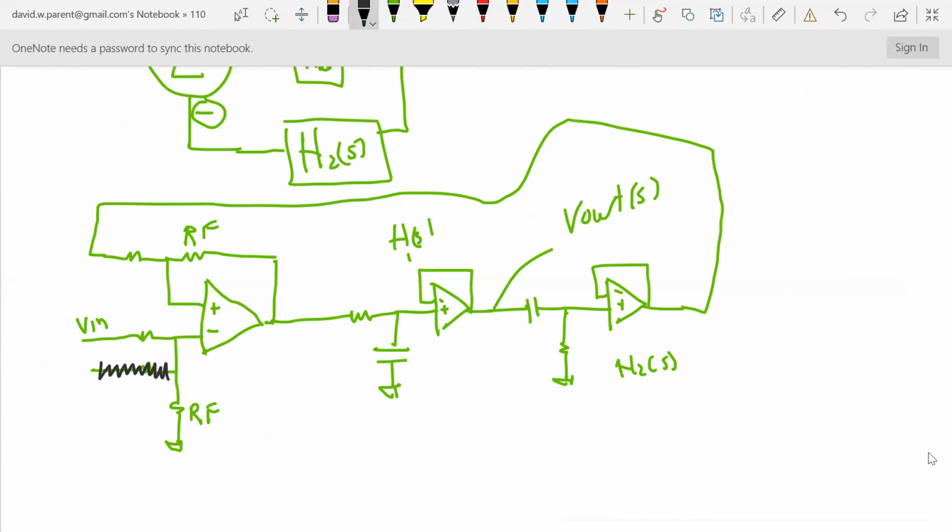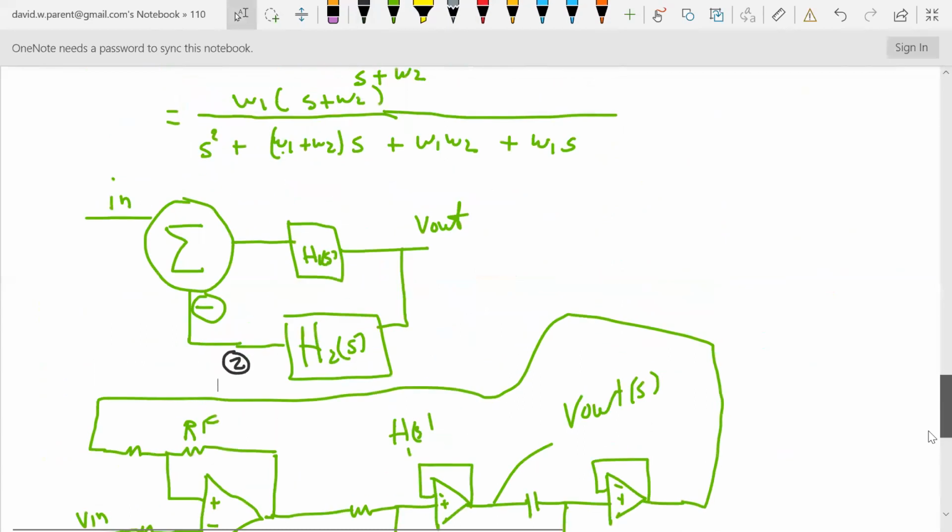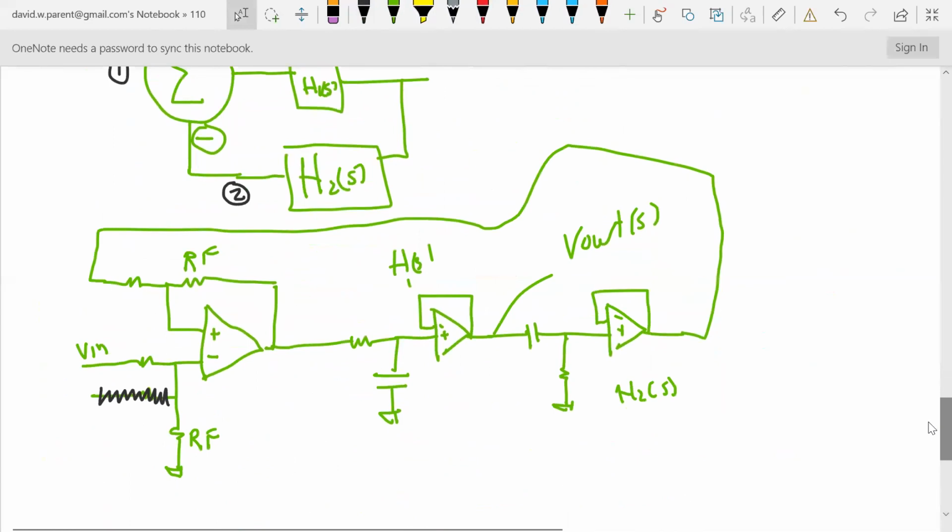Now, in this particular case, maybe I just call this node 2 and node 1. All right. Well, I'm not scaling anything, right? I'm just inverting it.